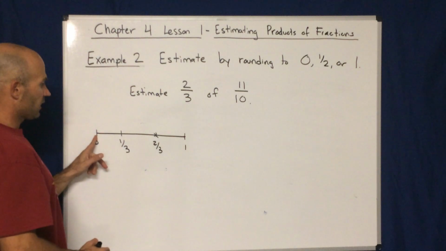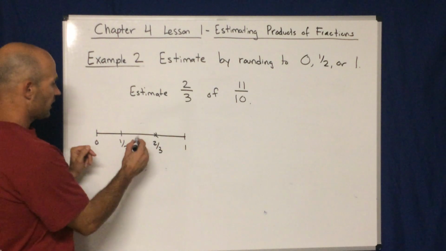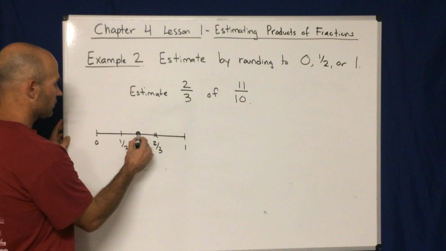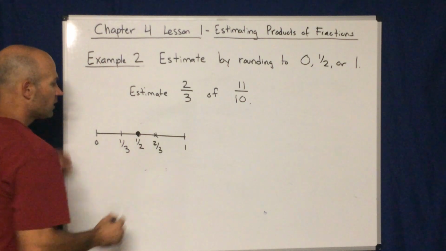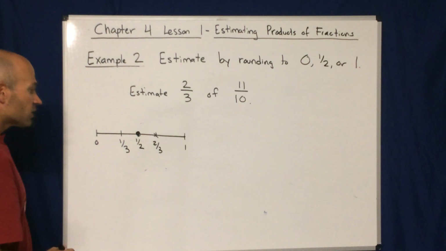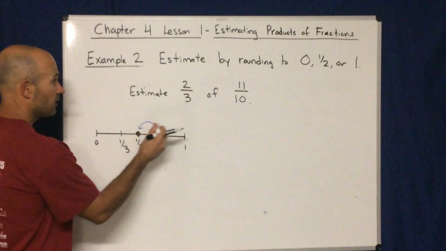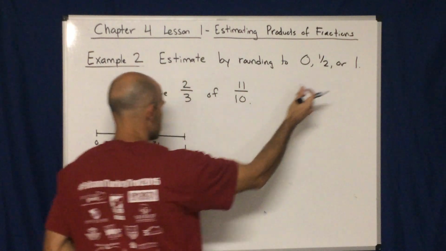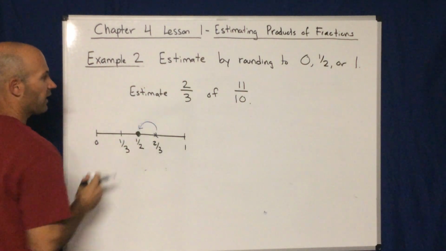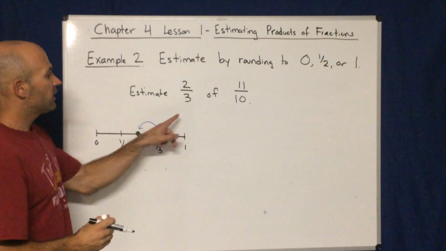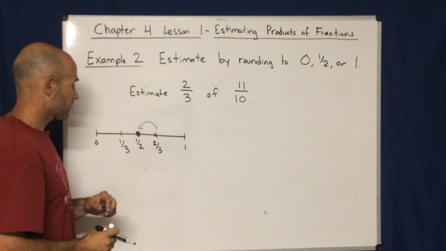Well, 0 is way over here, 1's way over here, and 1/2 is right in the middle. So there's 1/2. From that picture, I could see visually that 2/3 is closest to 1/2. So we're going to replace this 2/3 with 1/2.